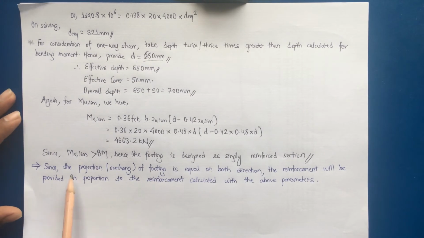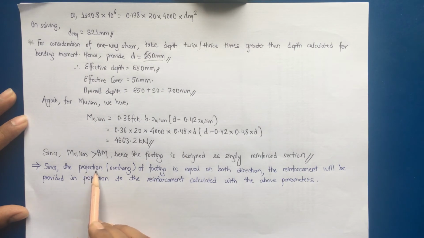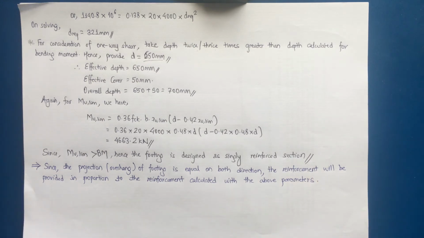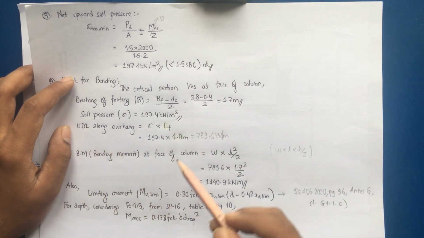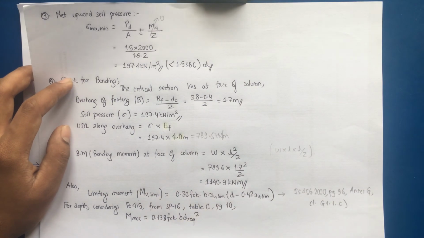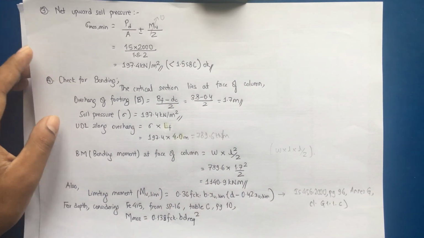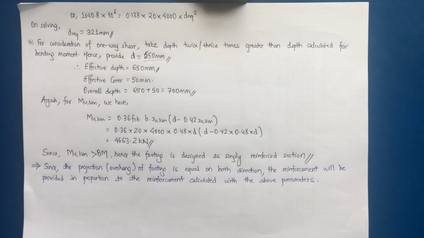Now this is the point that makes the difference for the rectangular footing with equal projection and unequal projection. Since the projection of the footing is equal in both directions, the reinforcement will be provided in proportion to the reinforcement calculated with the above parameters. As I have said, I have calculated the depth and other parameters considering the longer side of the footing, that is, the UDL is distributed along the longer side, hence it will give the maximum value among the two dimensions, and I am calculating the reinforcement based on the maximum value.